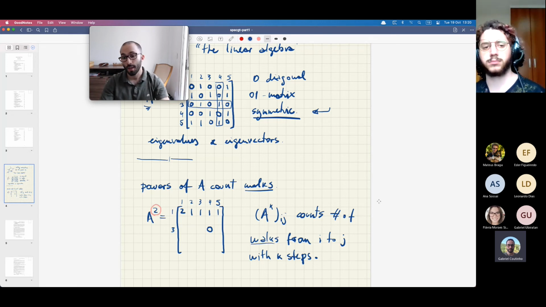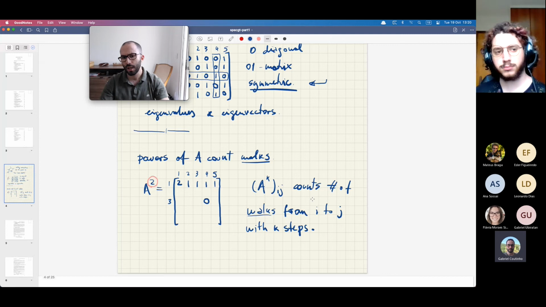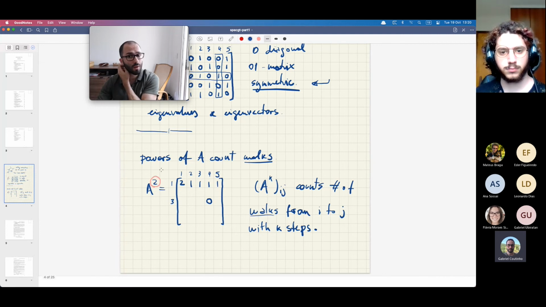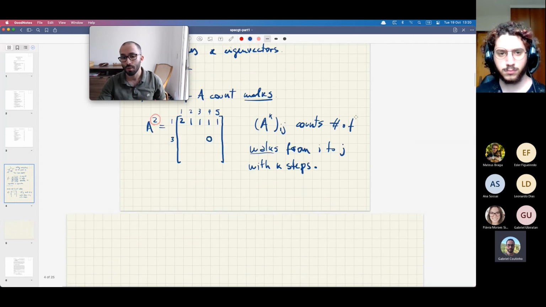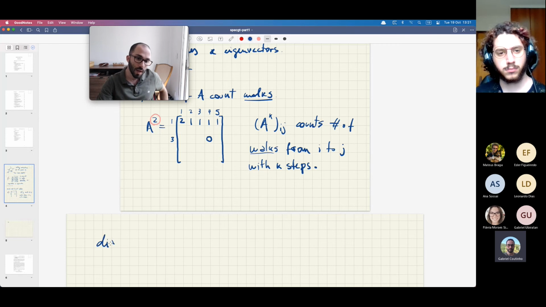All right. Now, this is a very simple property of a graph, but why can this actually be useful? What other properties of a graph are related to this counting of walks? So for example, if I ask you, what is the diameter of the graph?